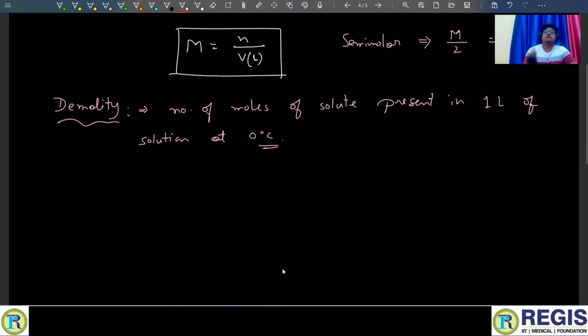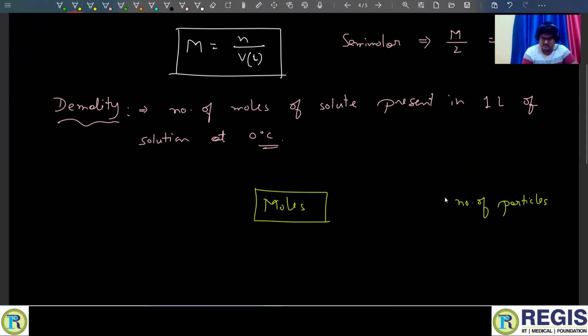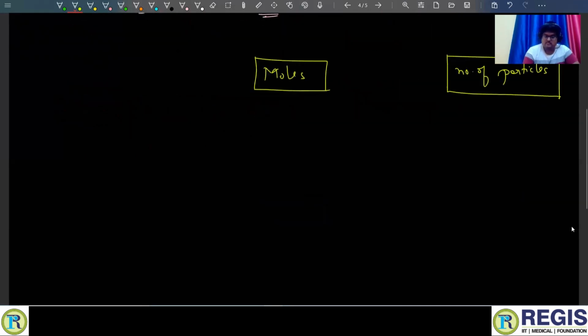Now, how can you find the number of moles? Suppose this one is the moles. Here, number of particles is given. Volume of gas.